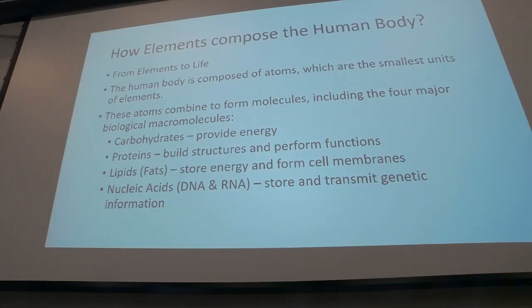And lipids or fats are used for several functions, including signaling, storage of energy, and cushioning. So it forms cell membranes. So we have different functions for lipids or fats. And then nucleic acids like DNA, or deoxyribonucleic acid, provide the instructions for our cells to perform a function.